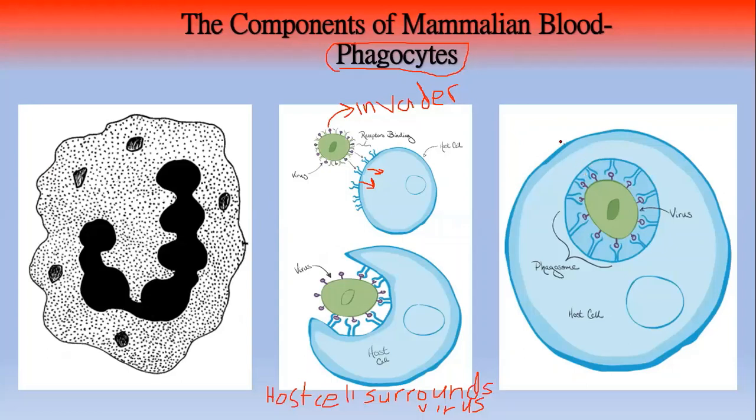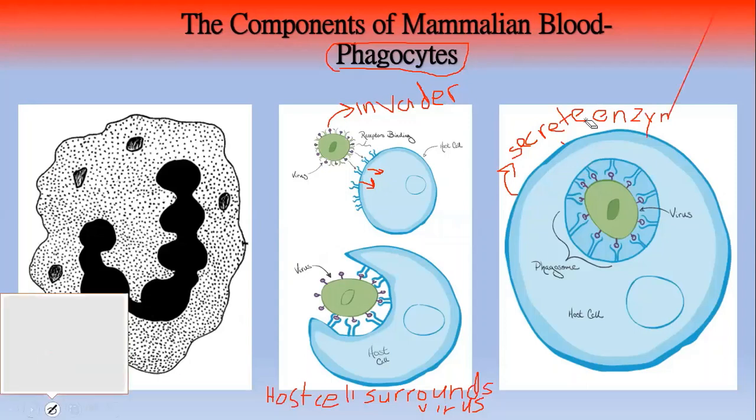So the host cell would then secrete enzymes to destroy the virus. And that's how phagocytes work.